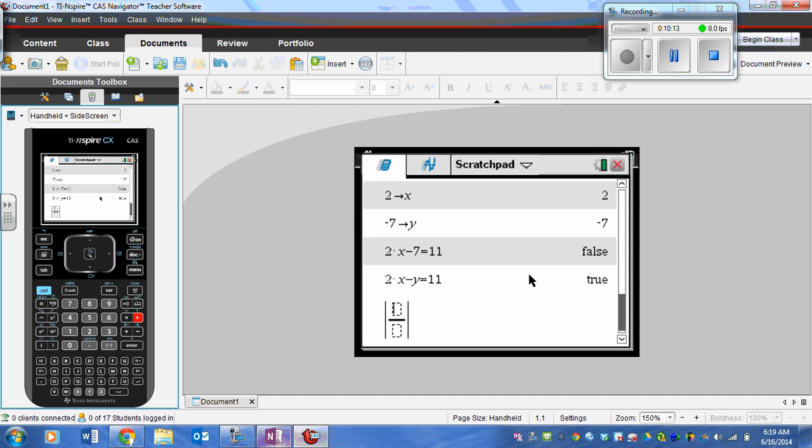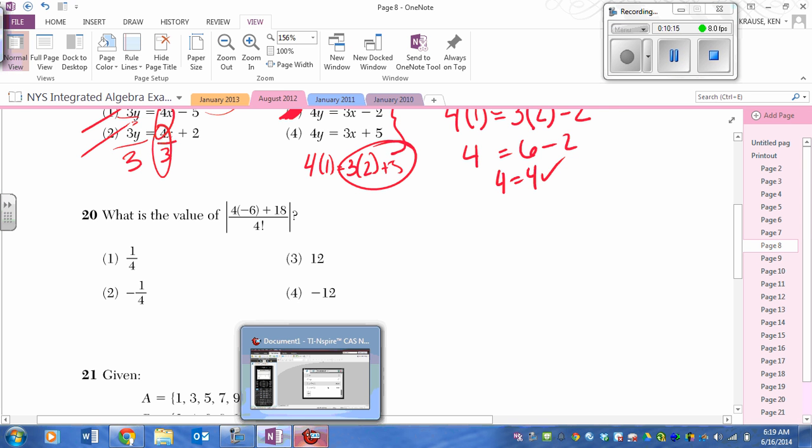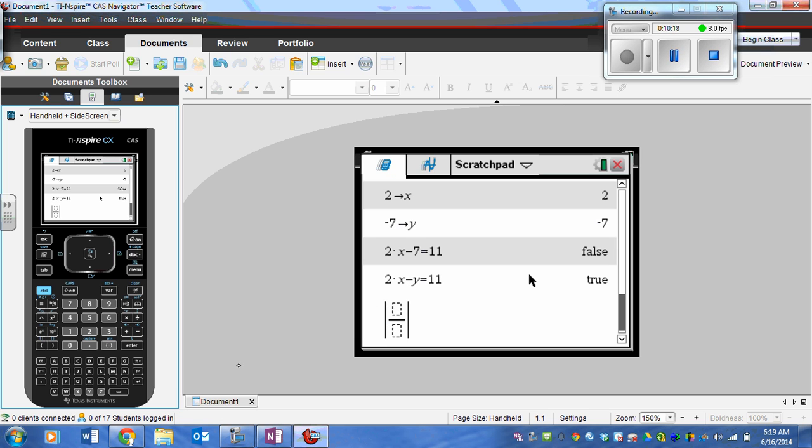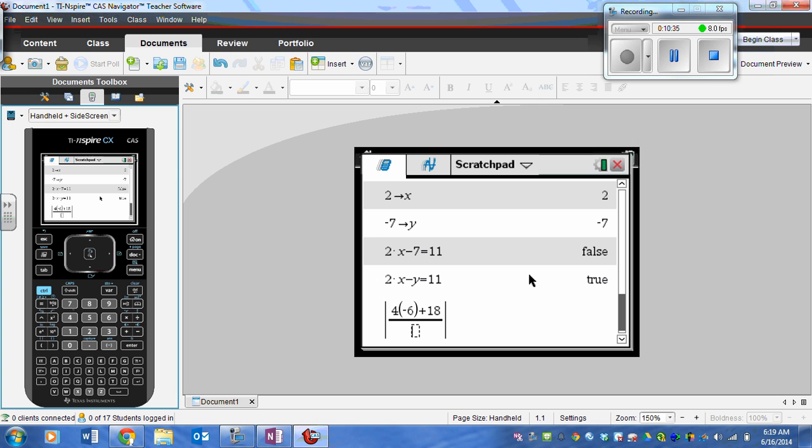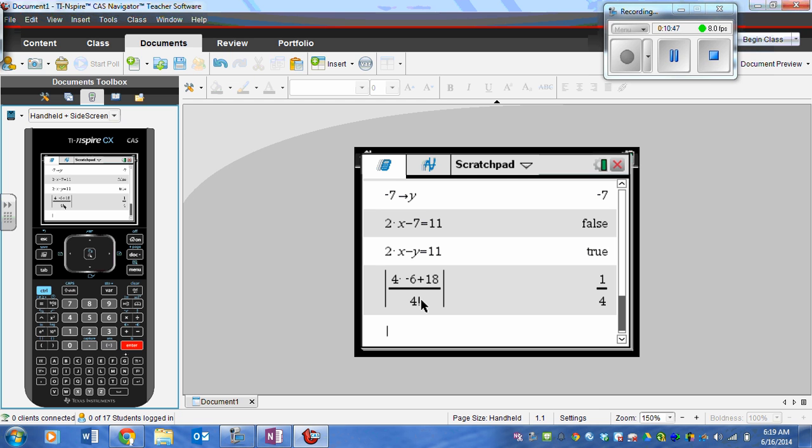And then I'll remember 4, negative 6 plus 18. 4, plus 3, negative 6 plus 3, plus 18, all over 4 factorial. And remember the factorial is right here next to the G button. Click on this, and it's right there. And if you hit enter, you'll get 1/4.